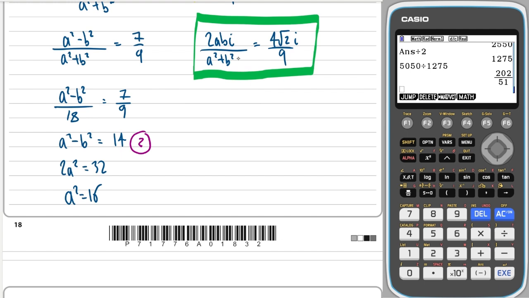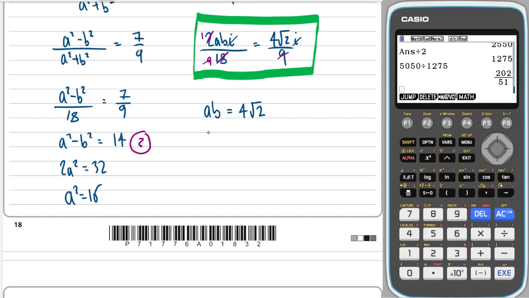So we know that that denominator is 18 from previous. So multiplying through by 18, or in fact what we can do is divide through by 2 first to get 1 and to get 9, and then both sides have denominator of 9, so they can cancel. So we get ab, also getting rid of the i's, we don't need to focus on the coefficient, is equal to 4 root 2. Okay, so that does restrict.